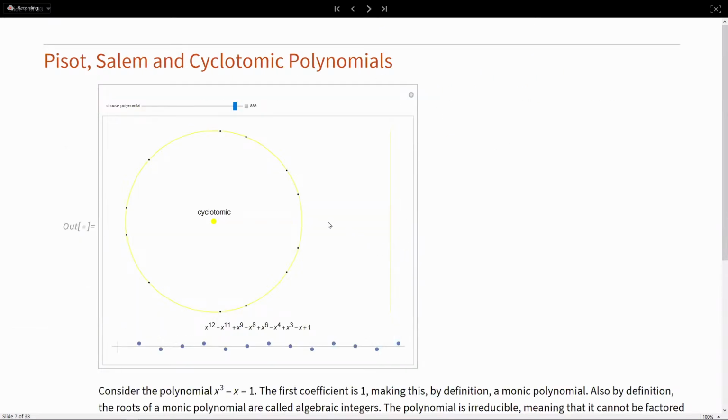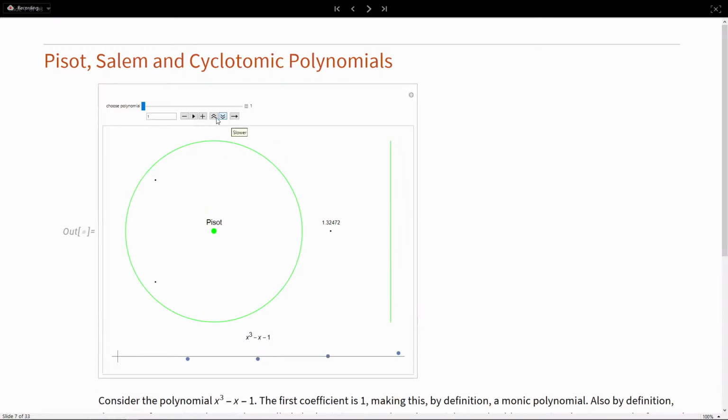So I started looking at other polynomials. There's the Pisot numbers. This is the plastic constant here. And these are basically positions of the complex roots. Here's the chi constant. There's one root outside and all the rest are inside. And the important thing to notice for a Pisot number is that there's only one root outside the unit circle, and all the others are inside. So here's the third best Pisot number.